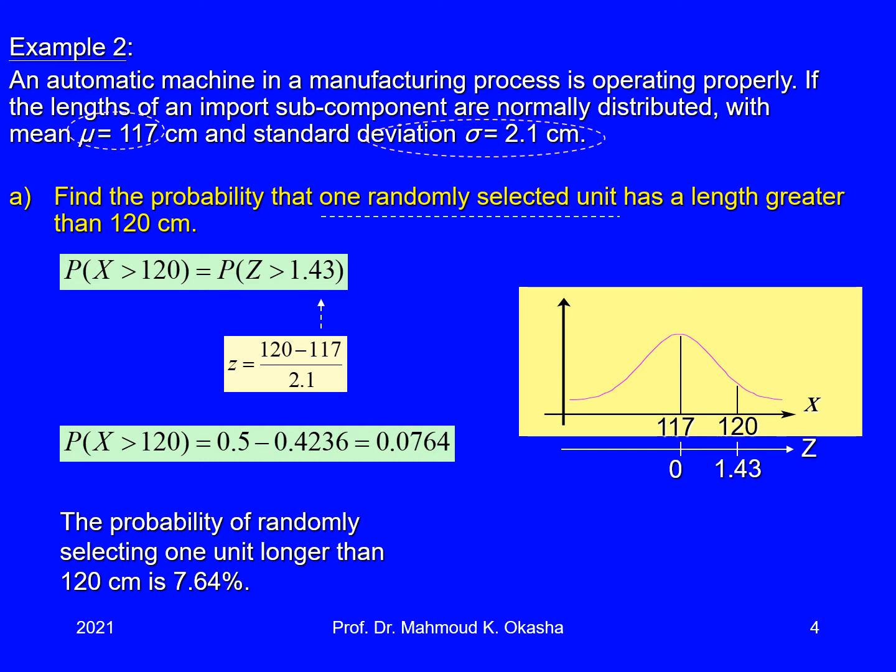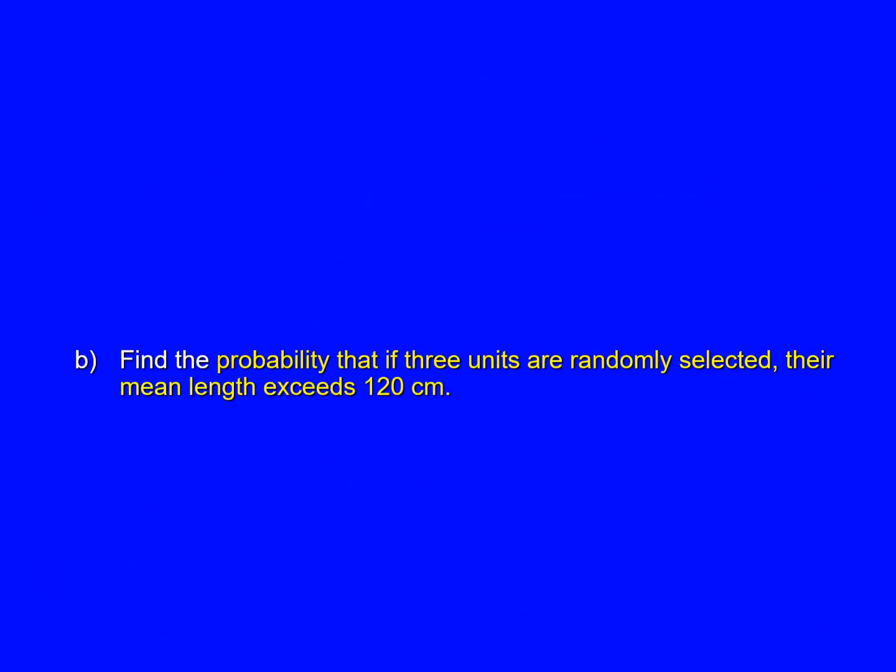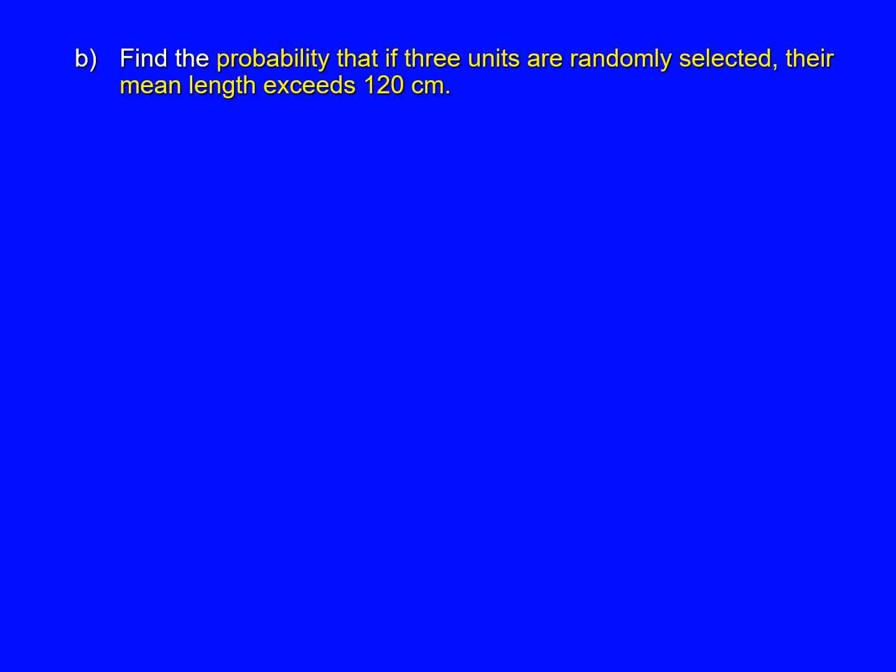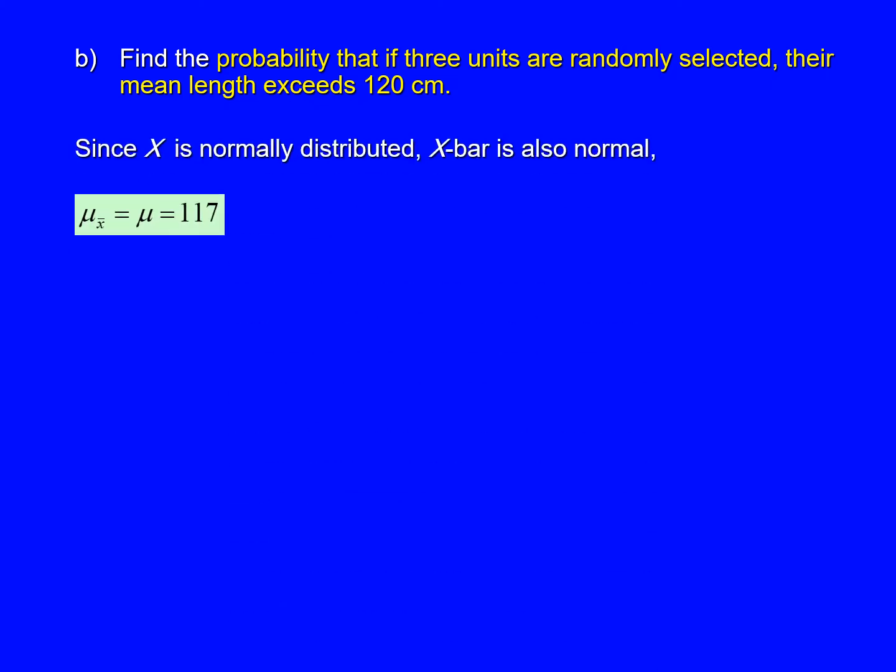But the second part relates to the sampling distribution. Why? The second part, B, says to find the probability that if 3 units, then this is the sample, are randomly selected. So it is a random sample of 3 units. This means n is 3.